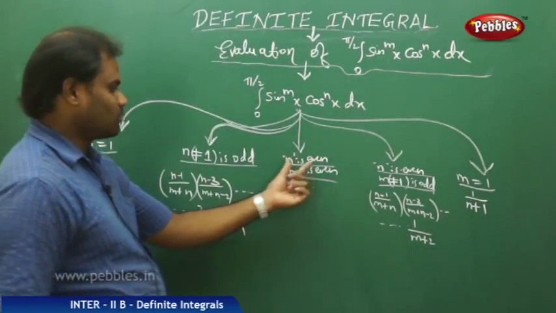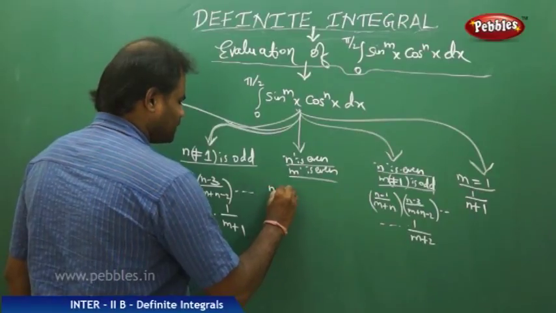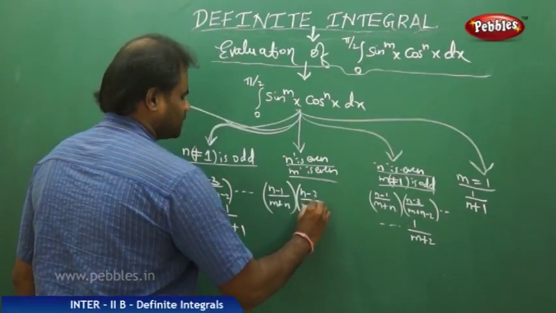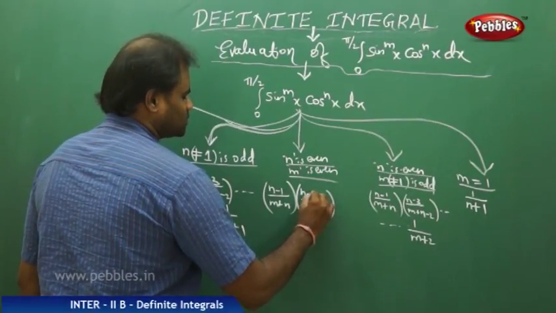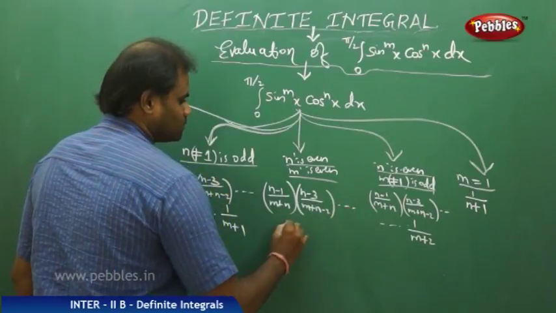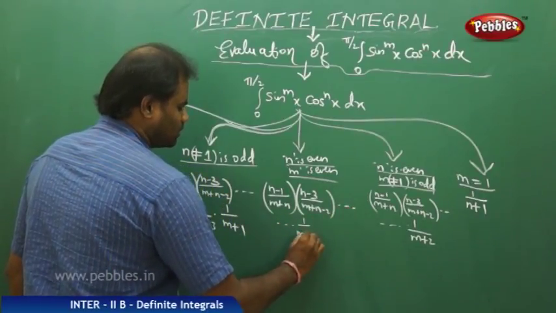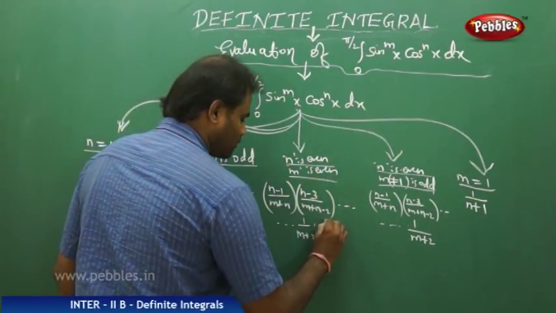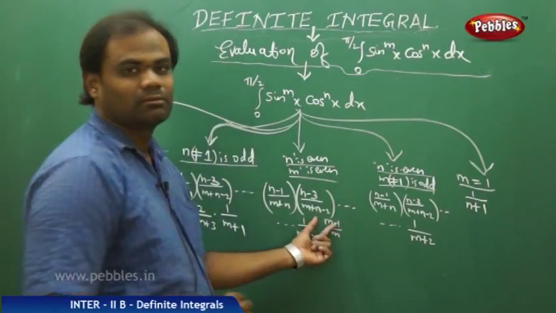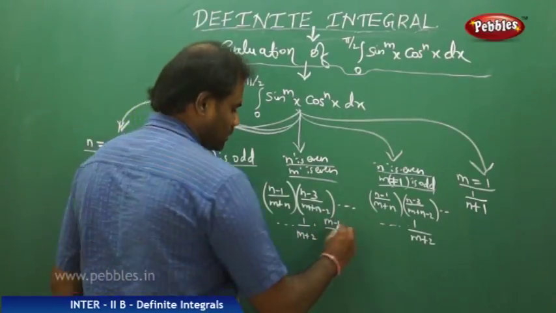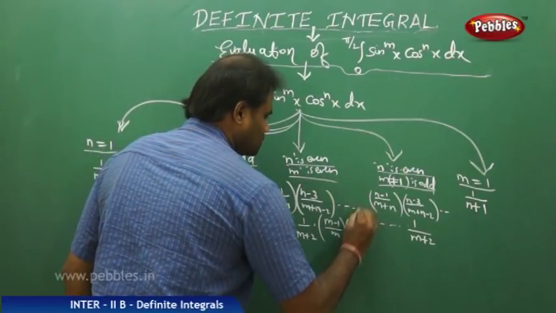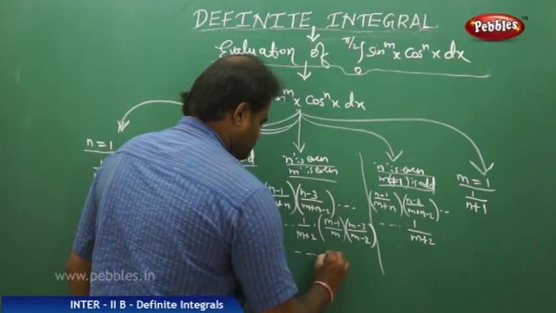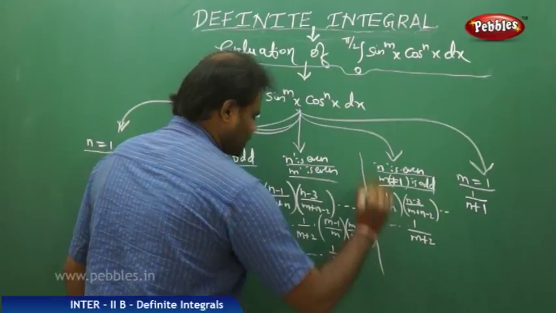Now therefore, in case of n is even and m is even, I have n minus 1 by m plus n, n minus 3 by m plus n minus 2, and so on and so forth till 1 by m plus 2, but continued m is even, therefore I have m minus 1 by n, and then next is m minus 3 by m minus 2 of 1 by 2 and pi by 2.